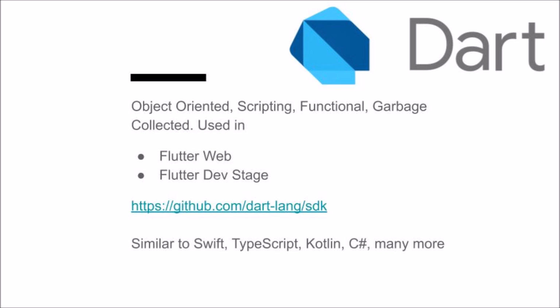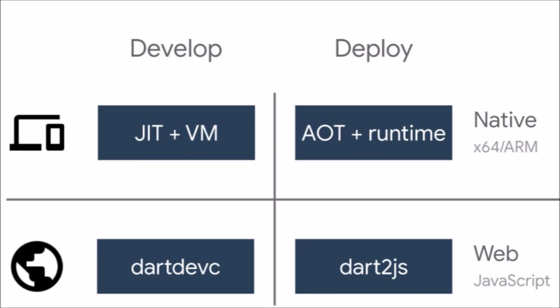The Dart code is being interpreted during development with a small layer inserted during coding. So on older devices, it may sometimes feel a little bit slower during coding because of the virtual machine in the native apps and the Dart to JavaScript interpreter for the web.